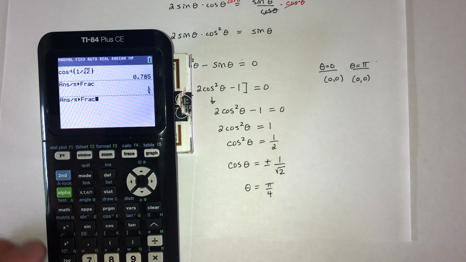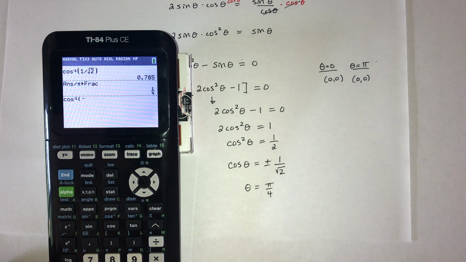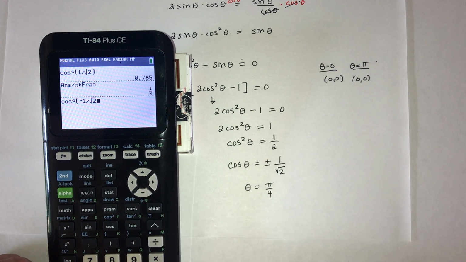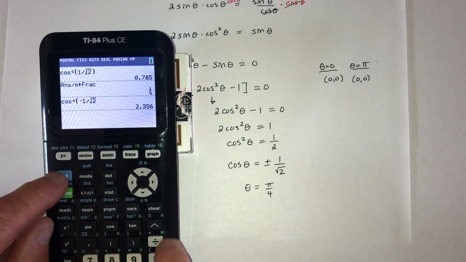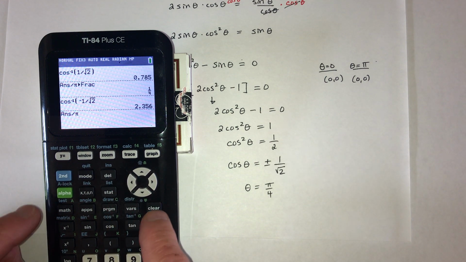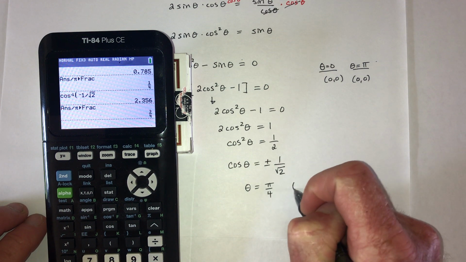Now do the cosine inverse of negative 1 divided by square root of 2. And that looks like 3/4 of pi. So divide that by pi, change it to a fraction, and it's 3/4.